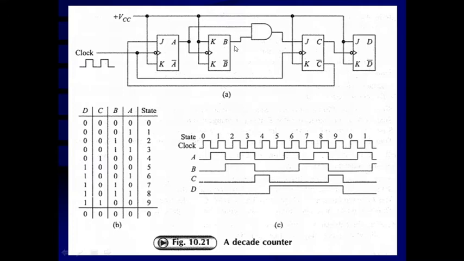The outputs of A and B are connected as inputs to the AND gate, and the output of the AND gate is connected to the J input of the C flip-flop, and thus flip-flops A, B and C are working as a modulus 5 counter.